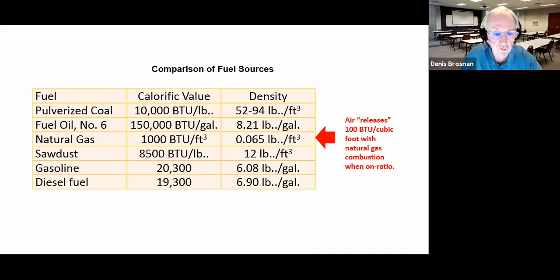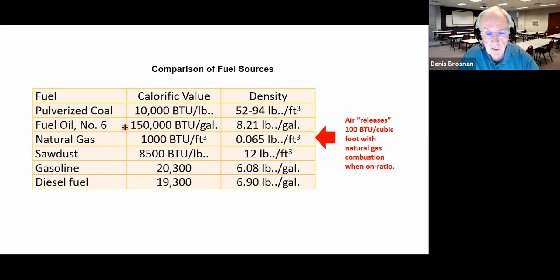Here are some values for calorific value of solid fuels based on a unit of measure that we are accustomed to using. In the inch-pound system, pulverized coal, 10,000 BTUs per pound. It may vary up and down depending on the type of coal that we're using. So these are our general values. Fuel oil number 6, 150,000 BTUs per gallon. Wow.